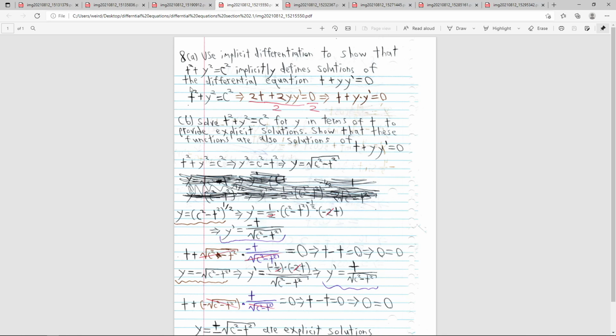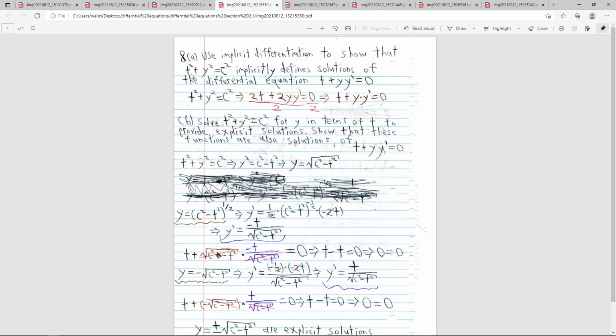The derivative of y squared is implicit, so implicit differentiation, if you remember, gives 2 times y times y prime. That's how we do it here. And that's equal to 0 because c squared is a constant; if you square 5 or 6, you get a constant. So the derivative of a constant is 0. We divide both sides by 2, and we get t plus y times y prime equals 0. So that's all you have to show.